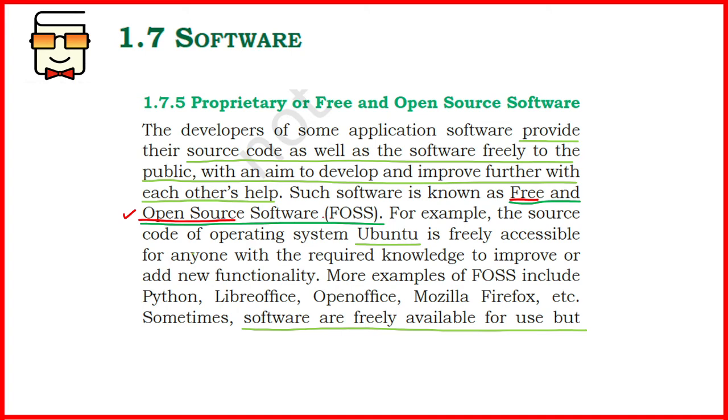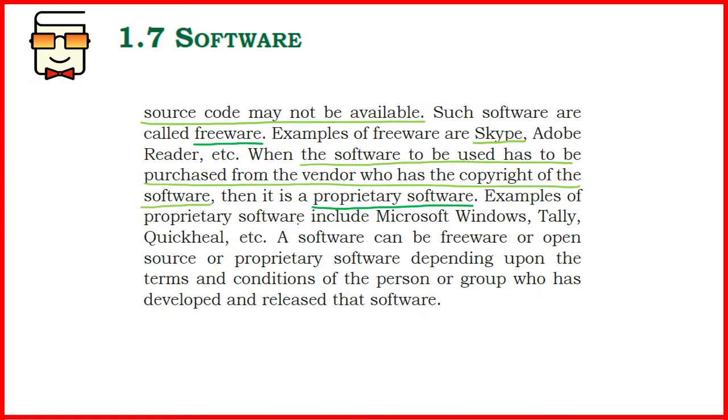Now the second type is freeware. Freeware is software that is freely available, but its source code has been held back by the development team. It is not made public. It does not tell you how the features of that software work, or allow you to suggest any changes.